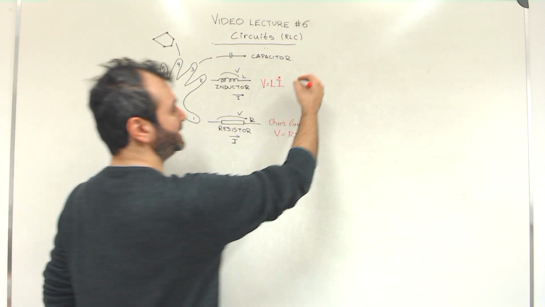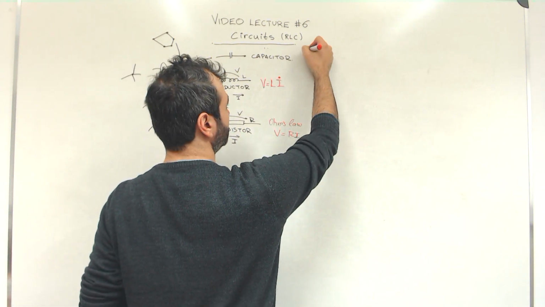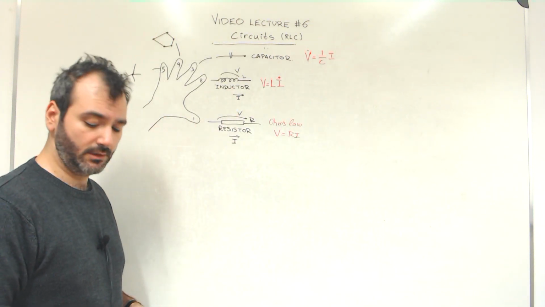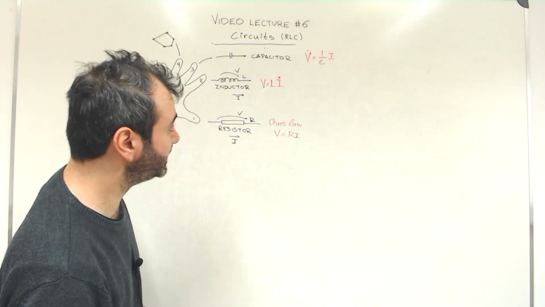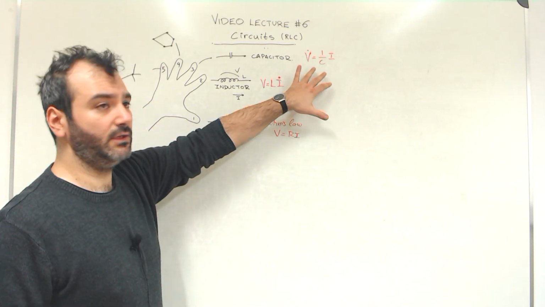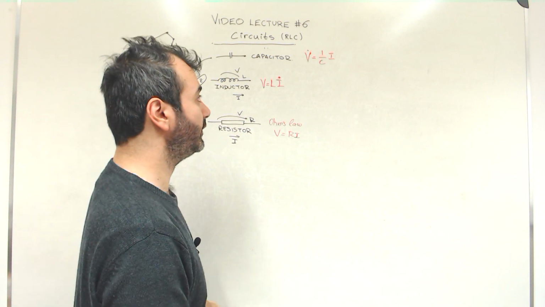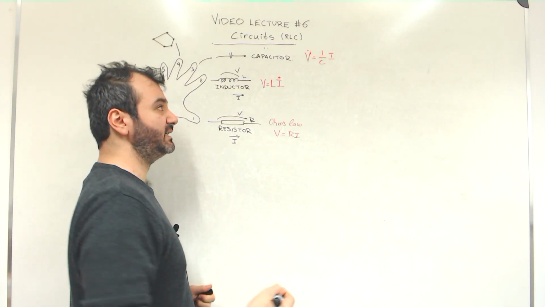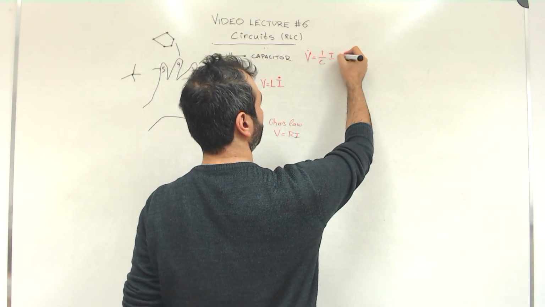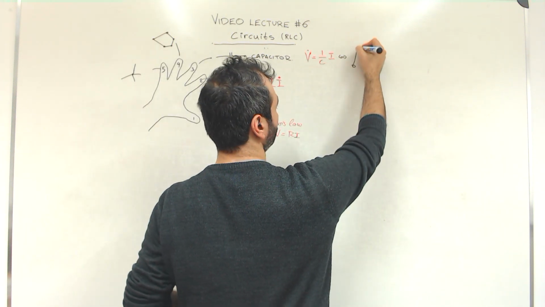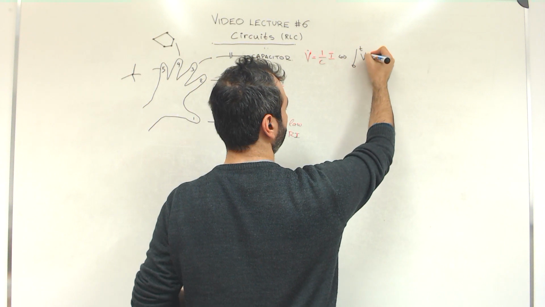And when you have a capacitor, the equation is this last equation. You will often have to turn it on its head, meaning that you will often have to solve for V, for the voltage. And you can do so very easily by integrating both sides of the equation from 0 to t.